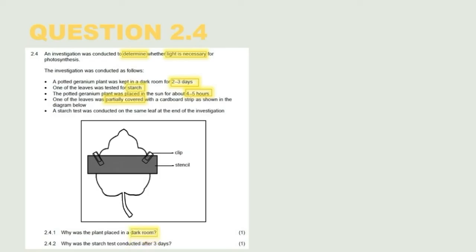Then question 2.4.1, they say, why was the plant placed in a dark cupboard, which I actually already explained. 2.4.2, why was the starch test conducted after 3 days? Then 2.4.3, name the chemical used in testing for the presence of starch.